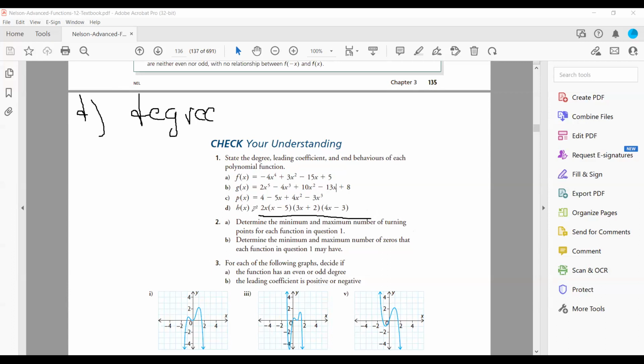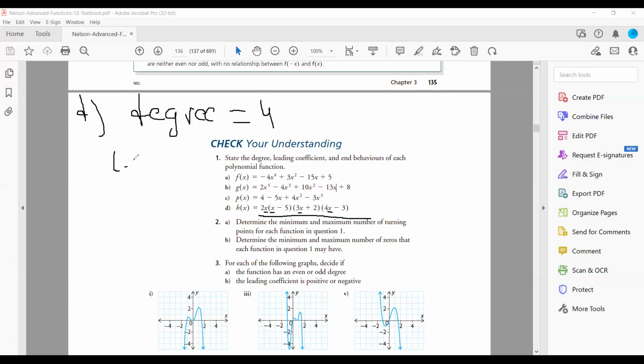I just calculate the number of x's in all the brackets and outside of brackets, of course, too. And I see that this polynomial function has degree 4. Do you agree with me?